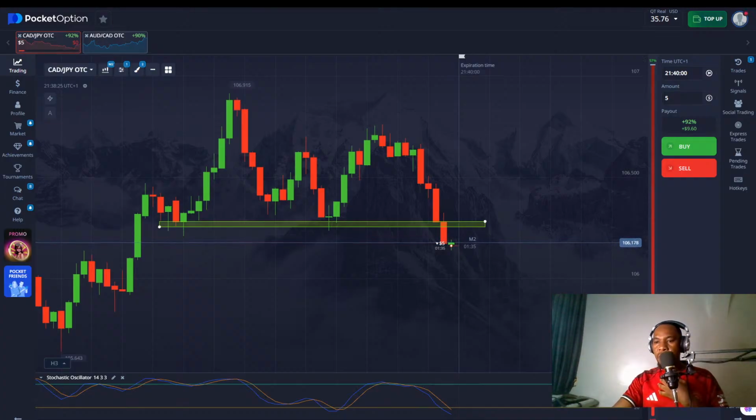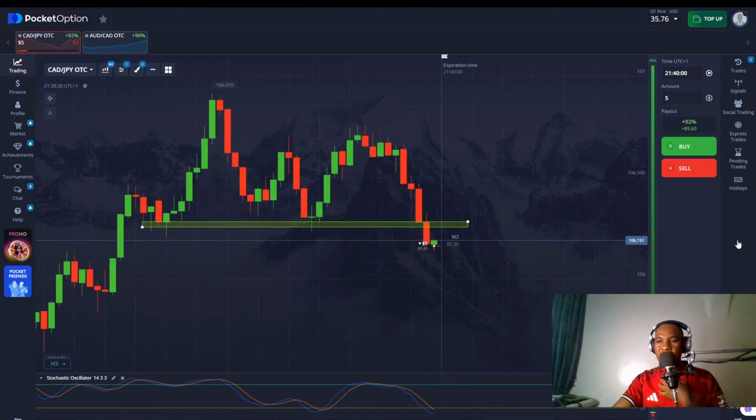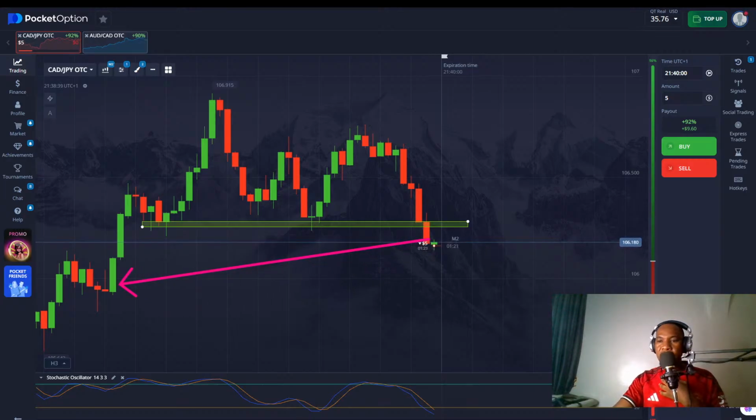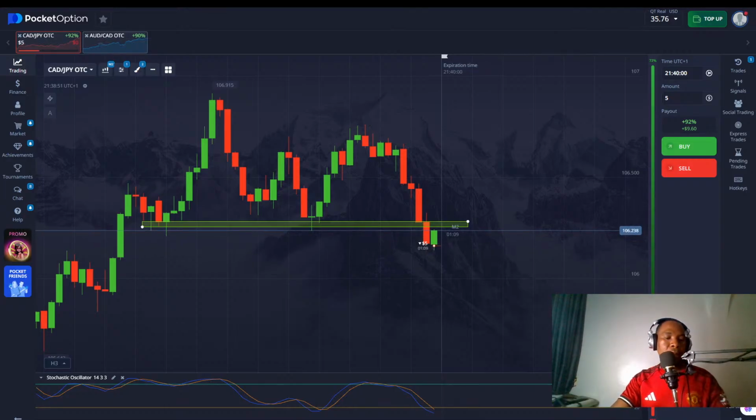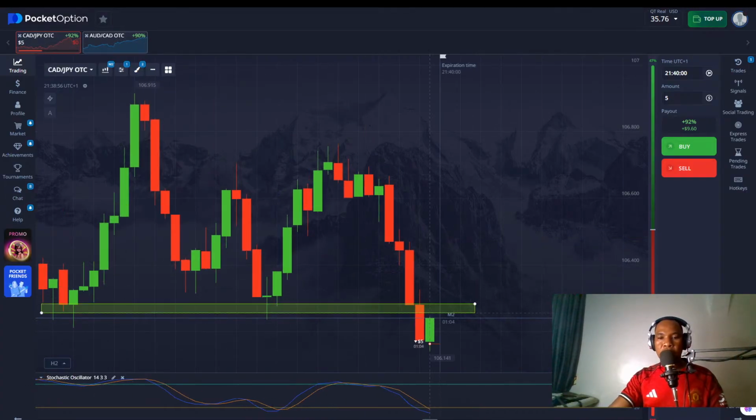So what am I expecting? I'm expecting price to move to this level, like this. So if price is going to come to that level, then we're good. So it's going back to test the support.